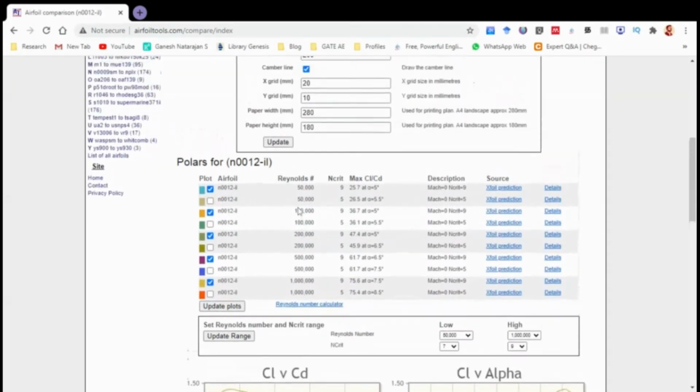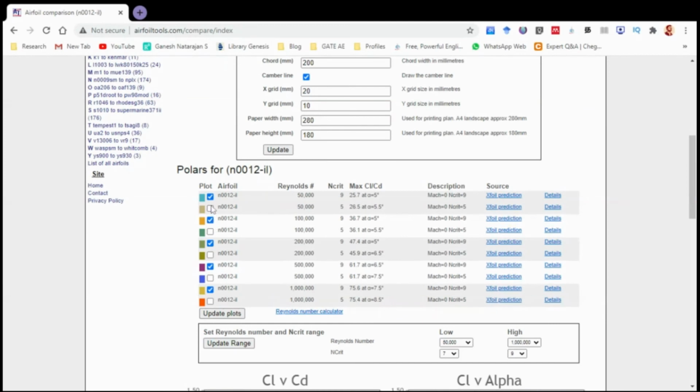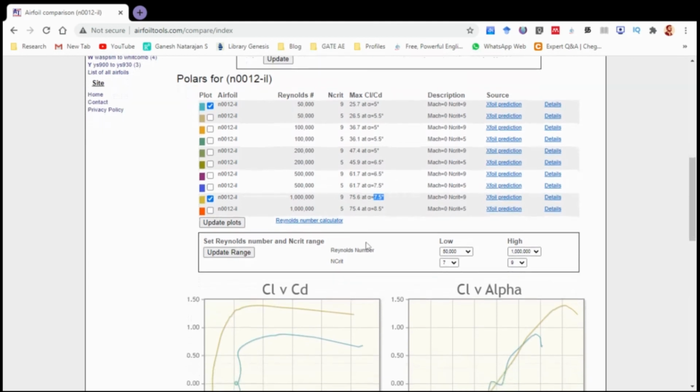These are for various Reynolds numbers. Now, I am considering only 2 Reynolds numbers to see the effect of changing Reynolds number in a plot. I am taking the Reynolds number of 50,000 at an angle of attack of 5 degrees, and the Reynolds number of 10 lakh at an angle of attack of 7.5 degrees.